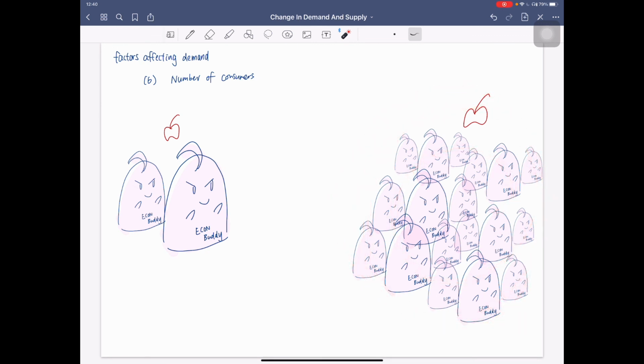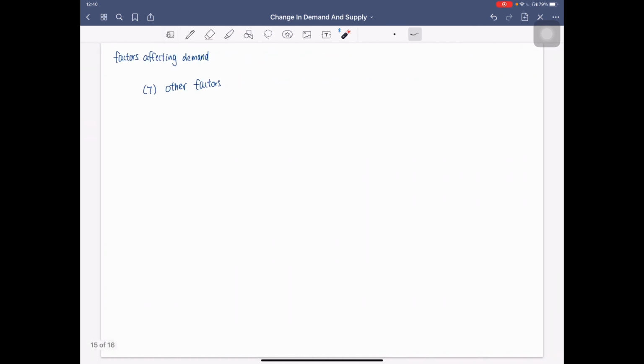So we call this an increase in demand. There are some other factors as well. For example, when it is Valentine's Day, people are going to increase their demand for flowers and chocolates. When there is Mid-Autumn Festival, the demand for mooncakes will increase.